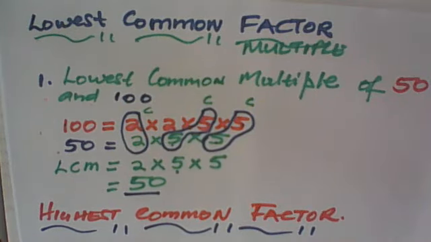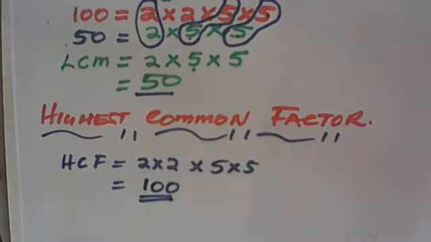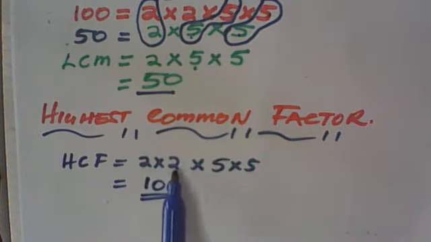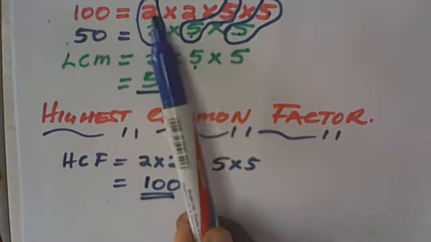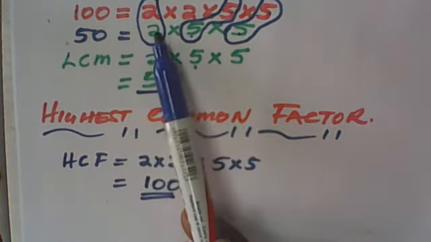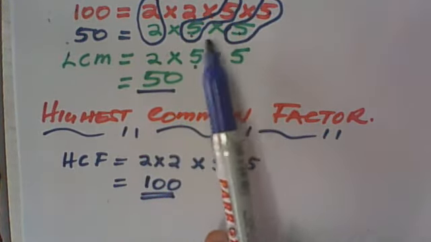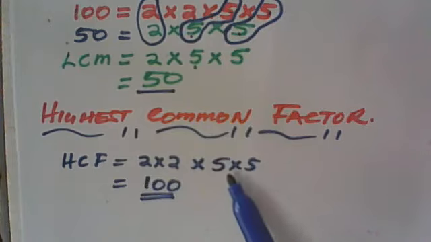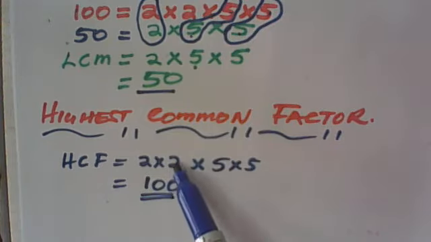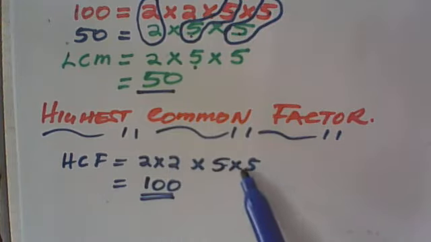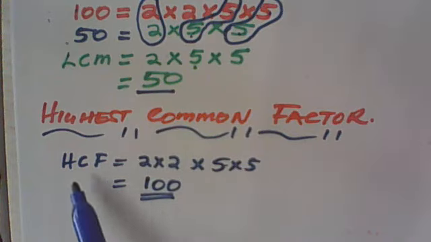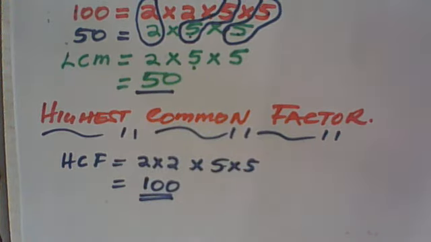That's it. Now this is how we get that. Here we have 1, so we take 2. Here we have 2 5's, therefore we take 2 5's, and then 2 by 2 is 4, 5 by 5 is 25, 25 times 4 is 100. Now the highest common factor is 100.